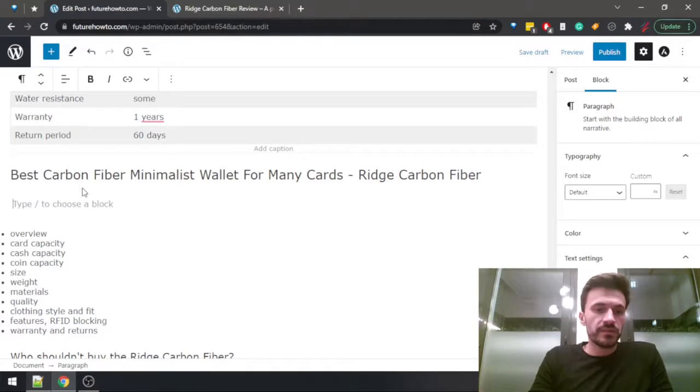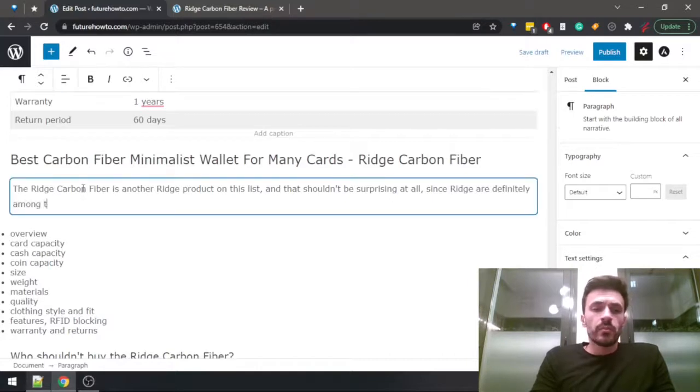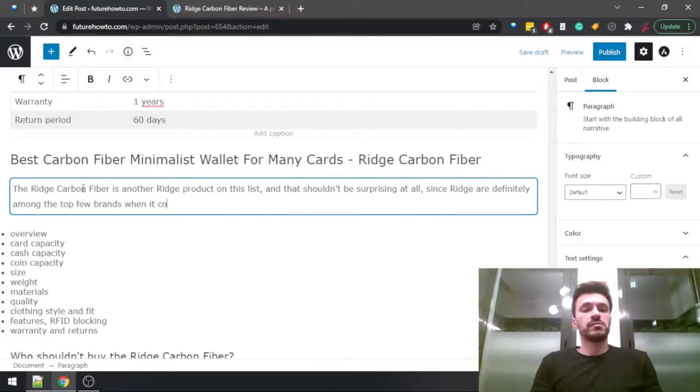The Ridge Carbon Fiber is another Ridge product on this list, and that shouldn't be surprising at all, since Ridge are definitely among the top few brands when it comes to minimalist wallets.